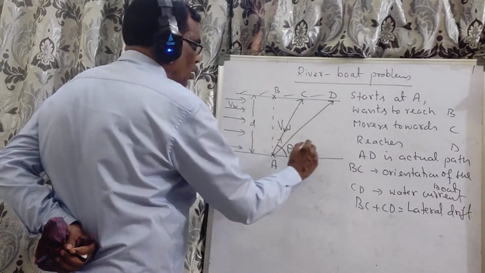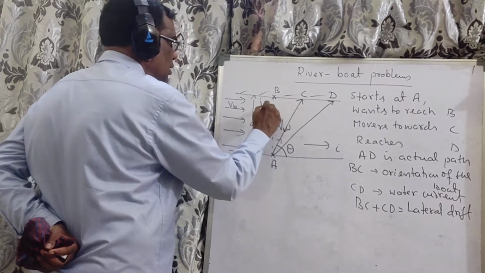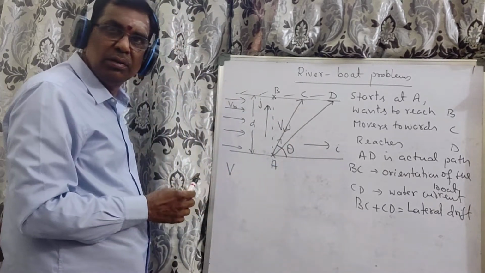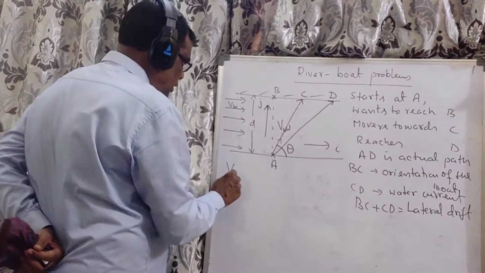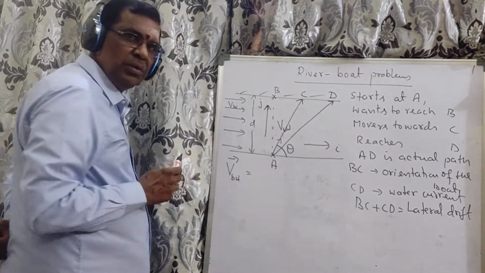Now, first of all, let this be I, let this be J. So, what is VBW?